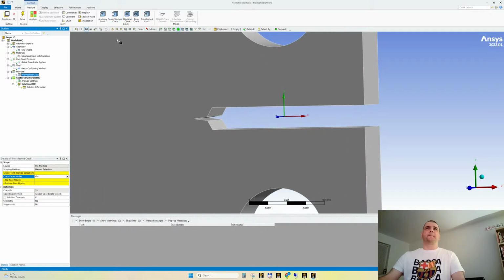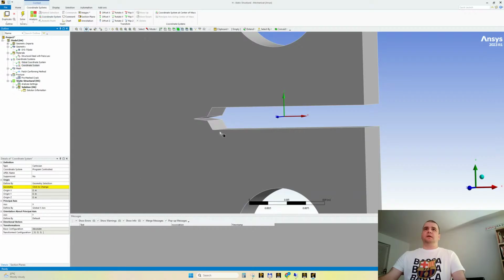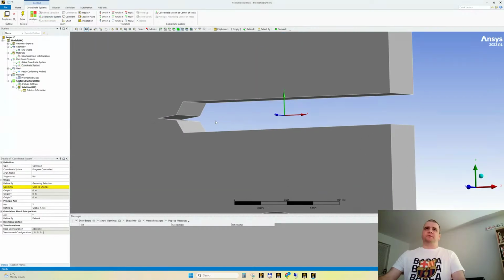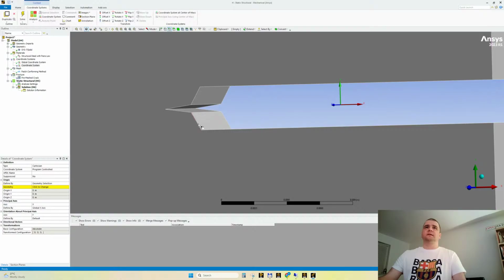Let's see. Coordinate system, click. Now we have many options to define this coordinate system. Just for fun, let's select this crack front, this edge. For fun, we can select other faces.